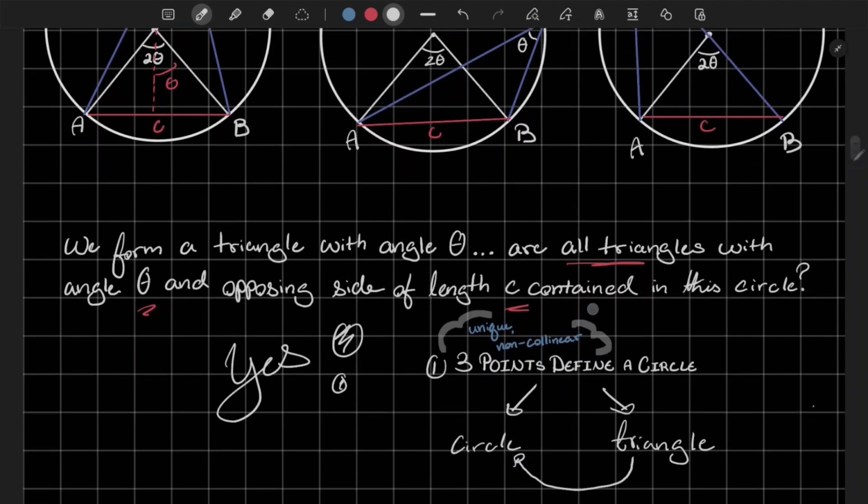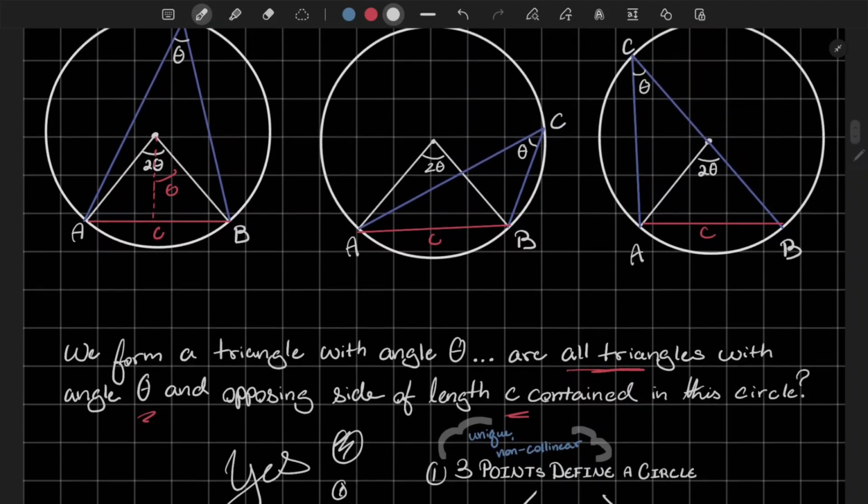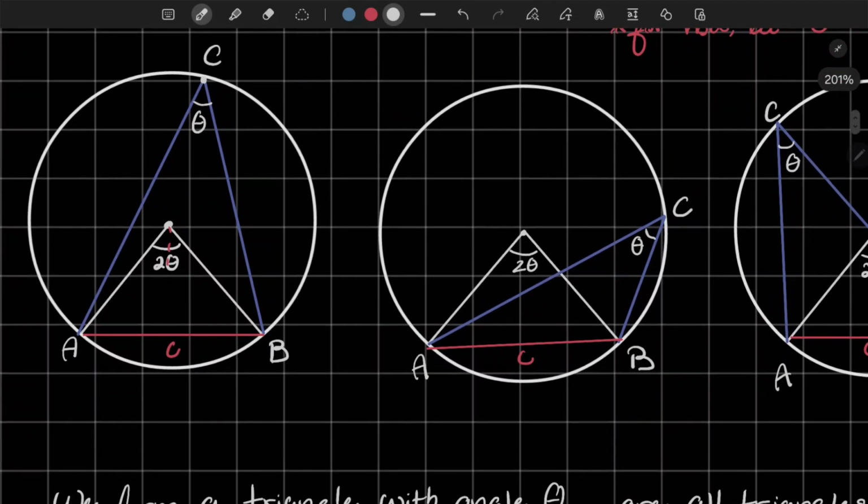And putting this triangle in a circle, we find this relationship. We find that the angle formed at the circumference is half the angle formed at the center.